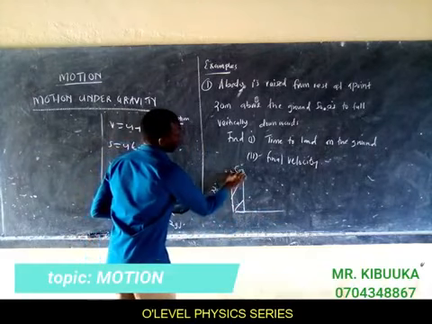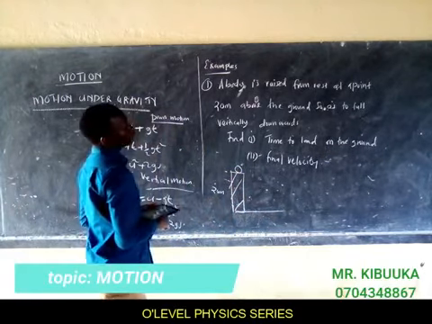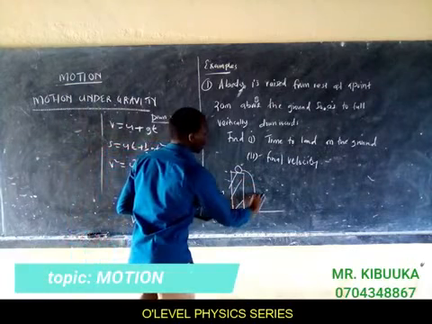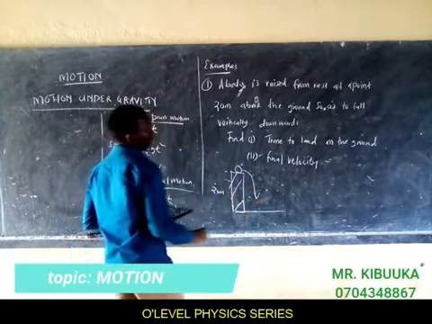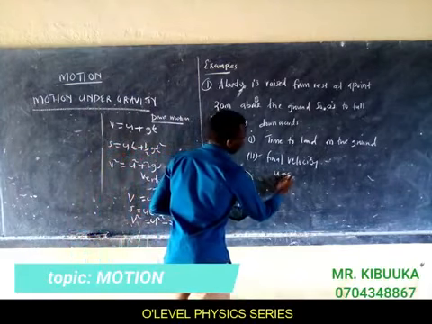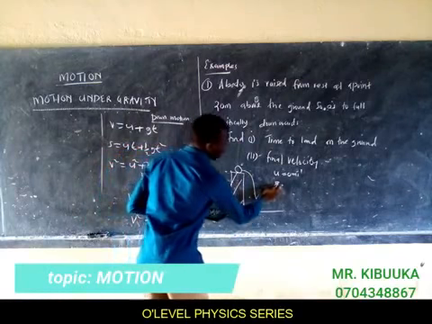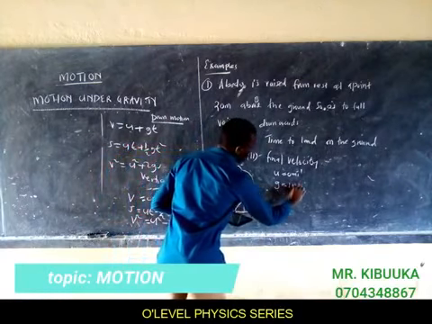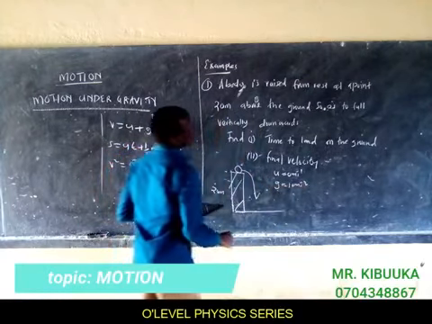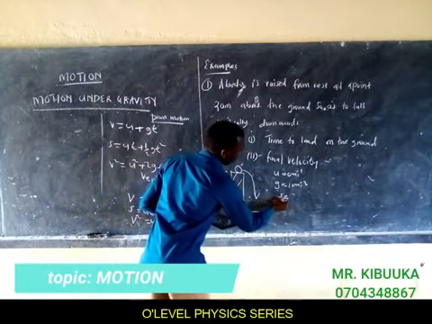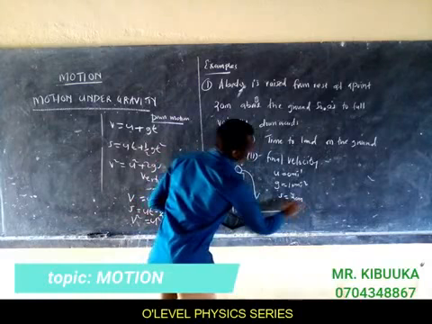Here is our body, and it falls freely downwards. It implies I have my U at 0 meters per second. When the body is falling down, our G is positive, 10 meters per second squared, and the distance covered by the body is 20 meters.